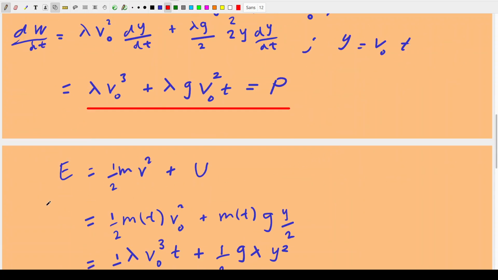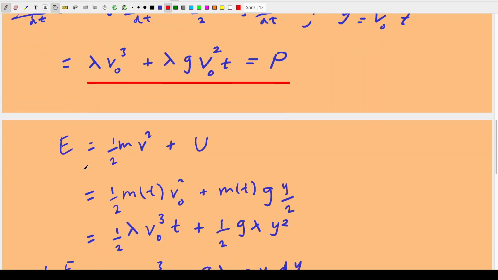Next, let's look at the mechanical energy of the rope. We remember it's the kinetic energy, half mass v squared, plus potential energy. The mass is the mass of the rope, m of t, and everything is moving with v naught squared. The potential energy is mass times g times the height.